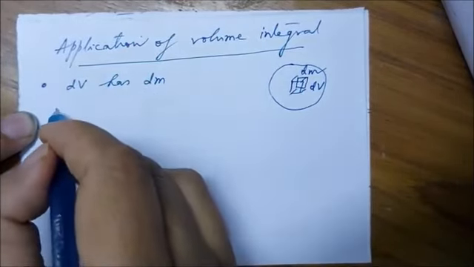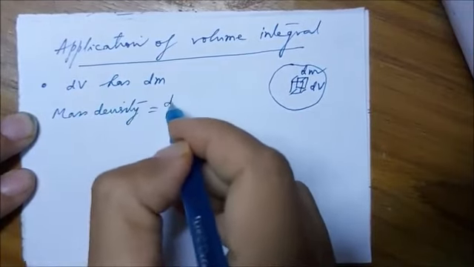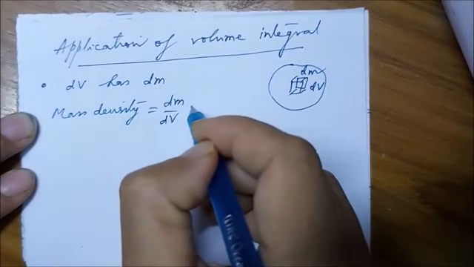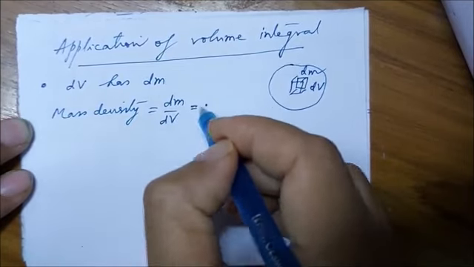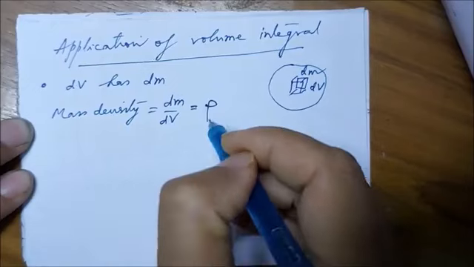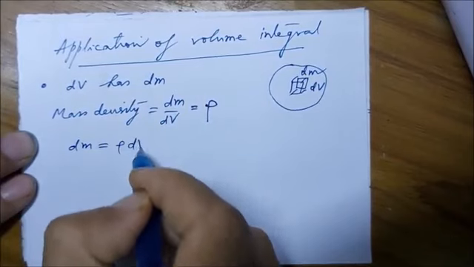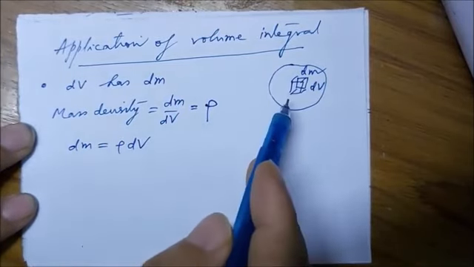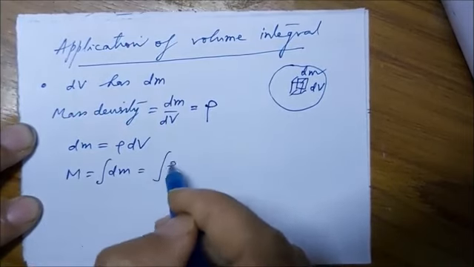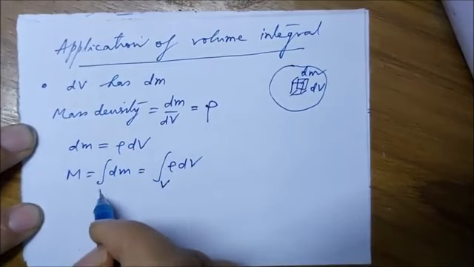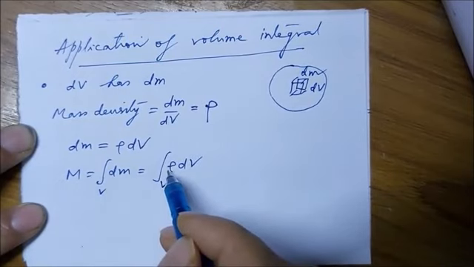So the mass density is, this is mass per unit volume, and it is defined as mass density and denoted by the symbol rho, say. So dm is rho dV, and the total mass is the volume integral of the mass density.